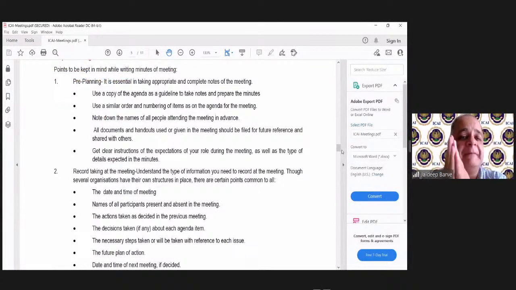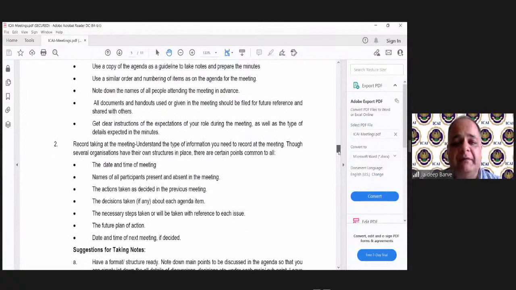One is pre-planning. Second is actually taking record or notes of the meeting. Third is actually writing the minutes. Fourth is sharing the minutes. Fifth is filing the minutes for future use. So let's discuss one by one all these points. I'm stopping the screen sharing for a moment.